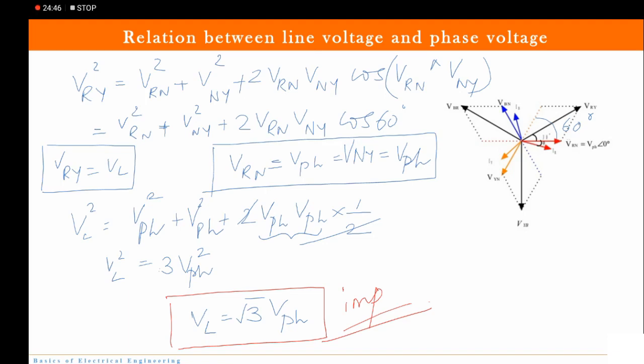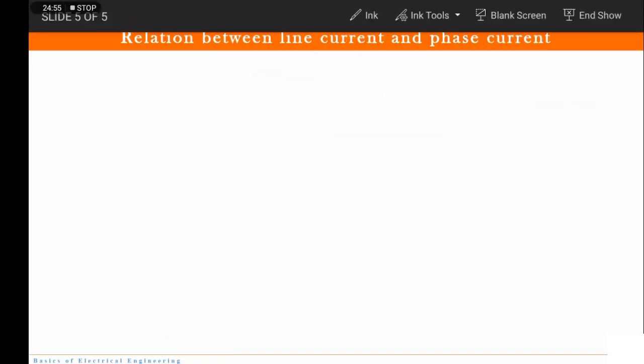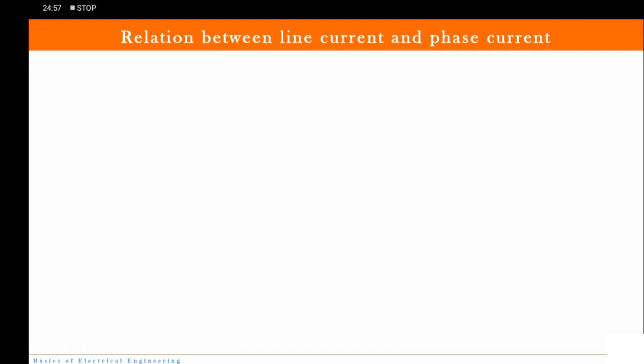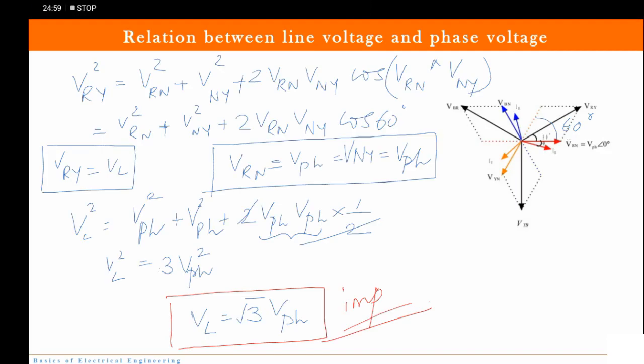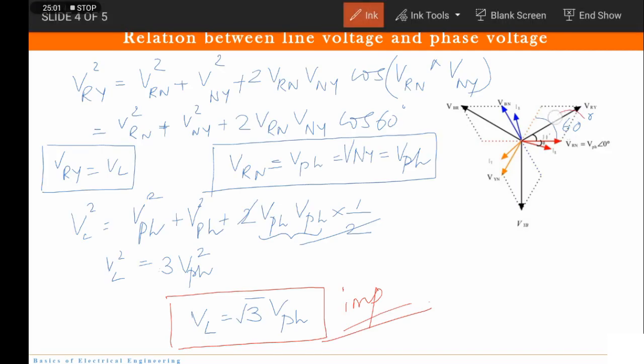Then line voltage leads by 30 degrees to the respective phase voltage. How did it come? From this. It came from this point because this angle is 60, so this is twice, so the individual phase will be 30 degrees. So what is the first important point?